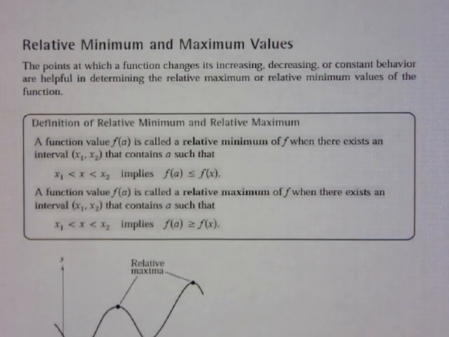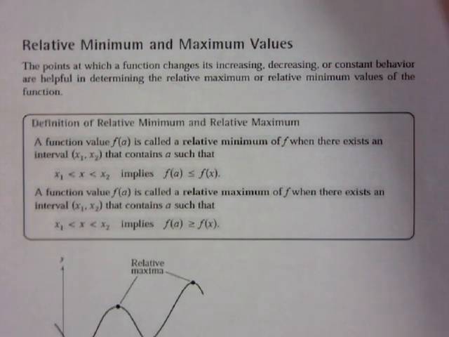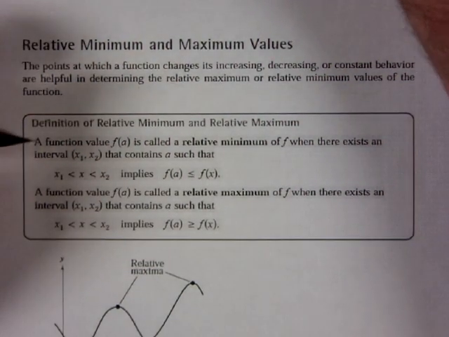So relative mins and maxes occur at the point where the increasing or decreasing or constant behavior begins or changes. Because if it's increasing, but it never changes from increasing, then there is no relative maximum. The place where it changes from increasing to something else, that's where your relative max or min is going to occur.